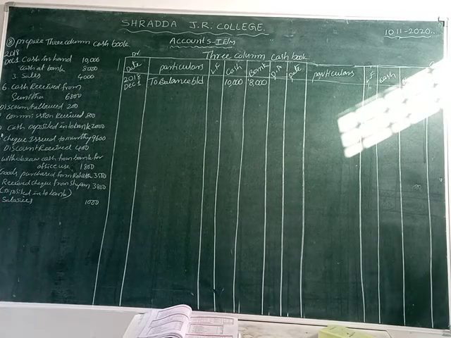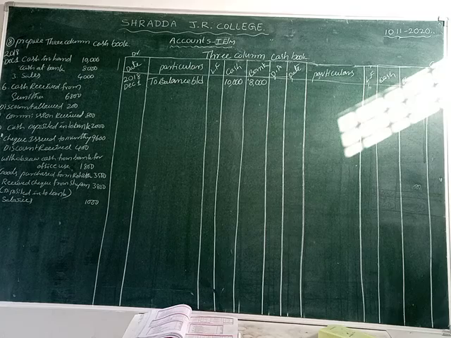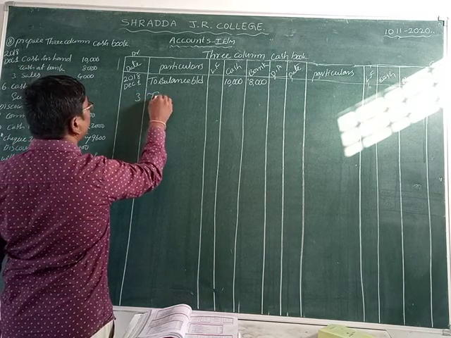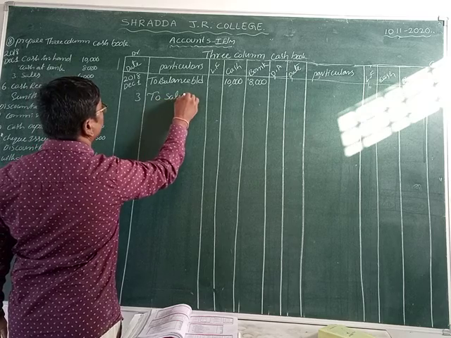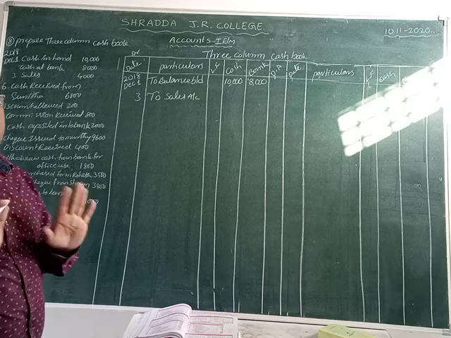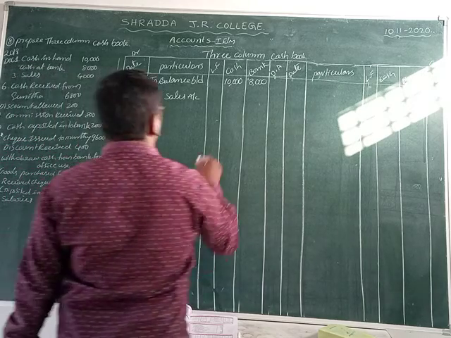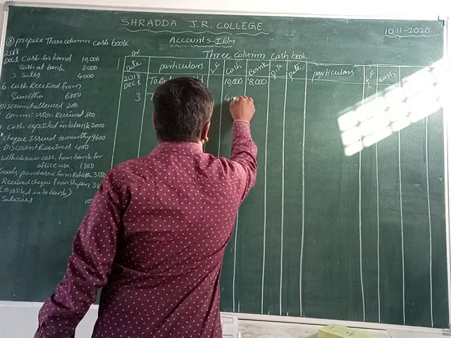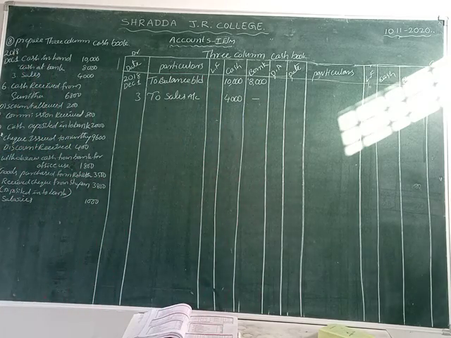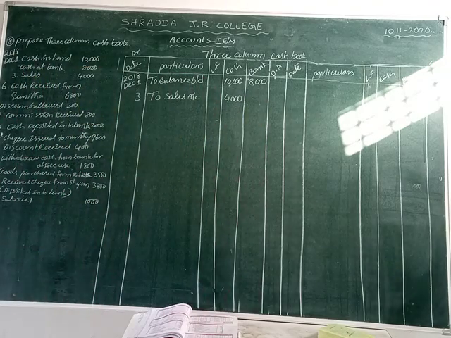So then we record it on which side? Debit side. Let us write down third date, to sales account. It is cash, it is not a check. So that amount is 4,000 rupees. Isn't it? So we record it in the cash column, students.